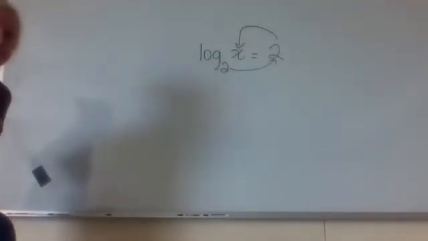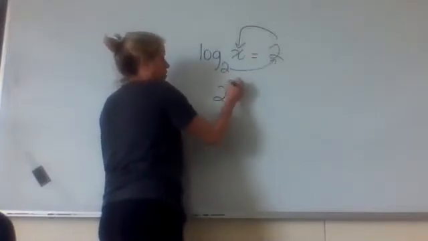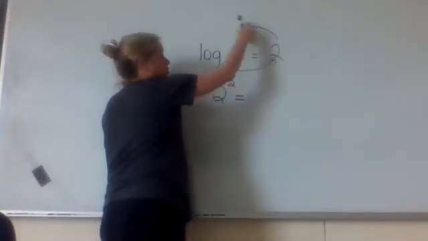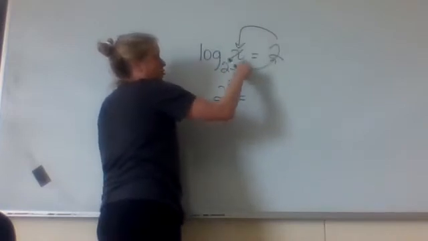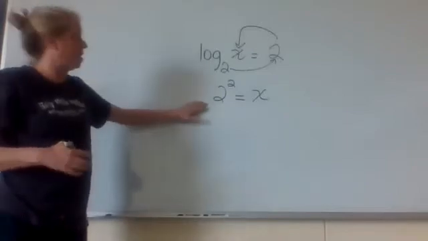So rewrite this like that. What is this saying? 2 to the second power is equal to whatever you're taking the log of. Well, that's your x. These two things say the same thing, right?